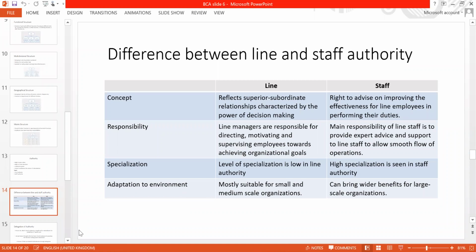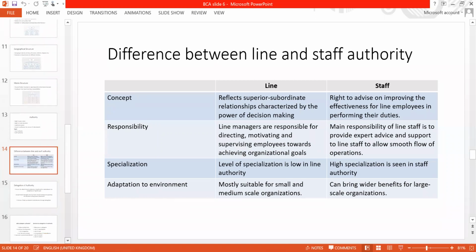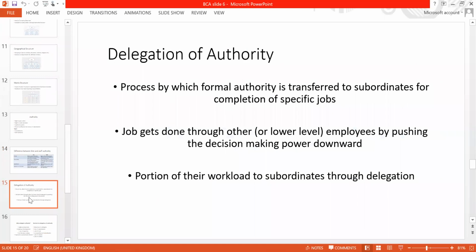So that is line and staff. Line refers to the workers or employees who do the main work of the organization, like the faculty line doing the core work of the college, while administration, accounts and the legal section support it; that is the staff.